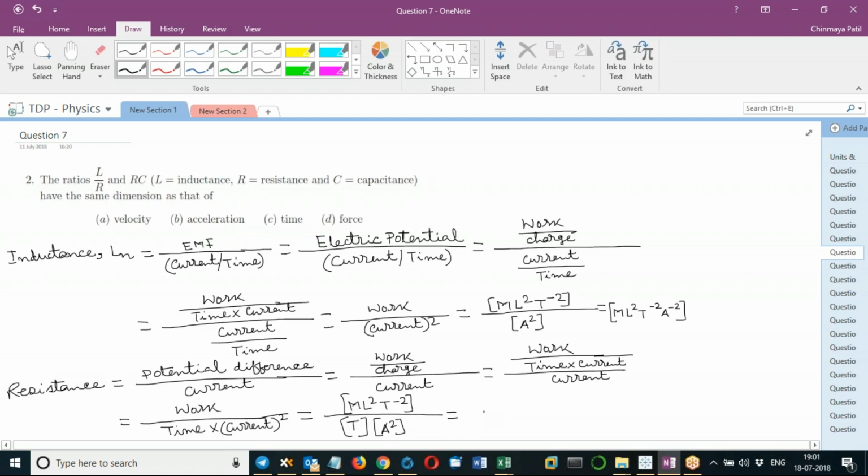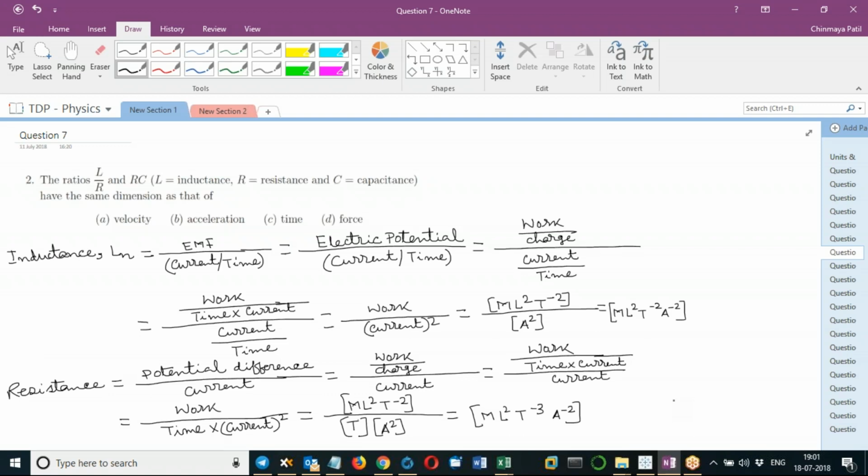So we are getting M L square T power minus 3 A power minus 2. You don't need to proceed further. If you do L by R, you'll find this is equal to nothing but time.